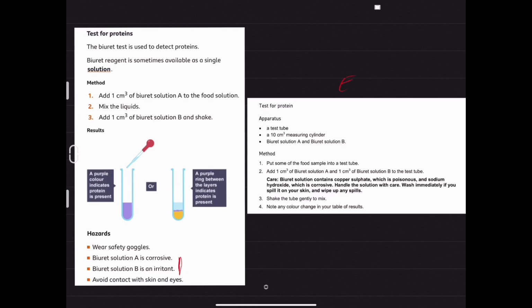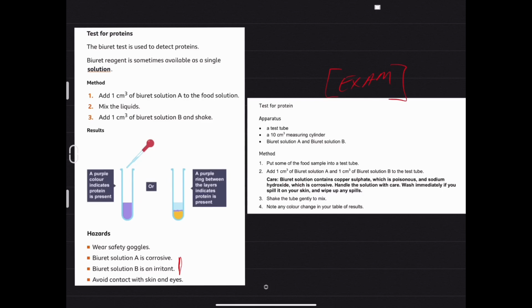Now, what I want you to take note of is the method on the right, because that is from your exam board. If you look carefully at point number 2 from the method, it's put in bold the risks associated with biuret solution containing copper sulfate, which is poisonous, and sodium hydroxide, which is corrosive.